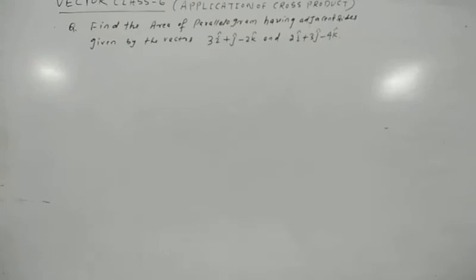So, find the area of a parallelogram having adjacent sides given by the vectors 2i cap plus j cap minus 2k cap and 2i cap plus 3j cap minus 4k cap. Okay, here the adjacent sides are given. So we take the adjacent sides.